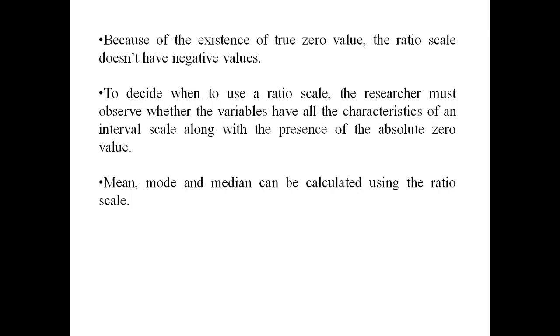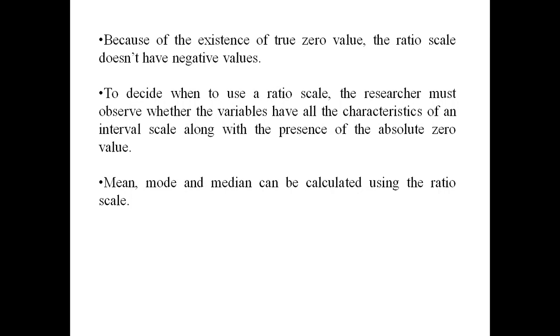One cannot say that someone with an IQ of 140 is twice as intelligent as someone with an IQ of 70, because IQ is measured at the interval level, but one can say that someone with six siblings has twice as many as someone with three, because number of siblings is measured at the ratio level.